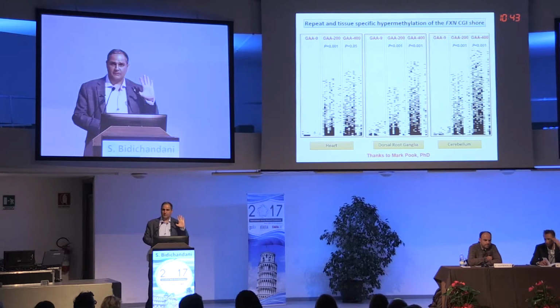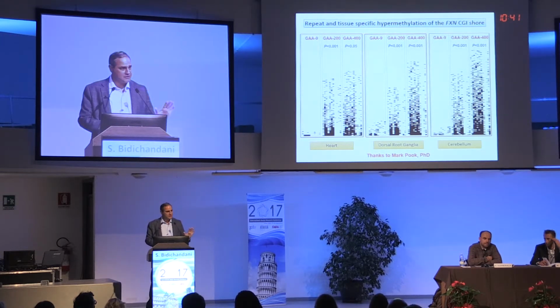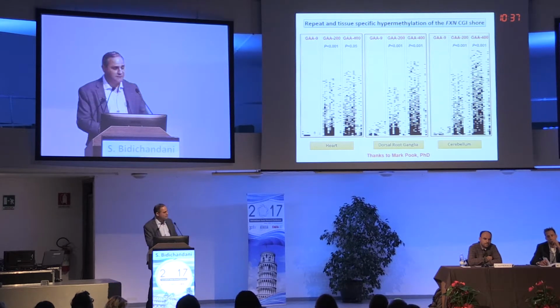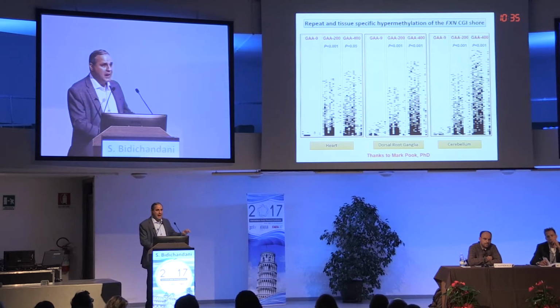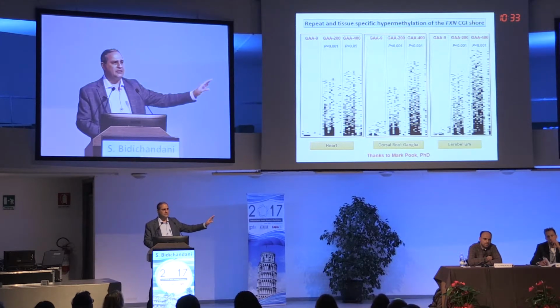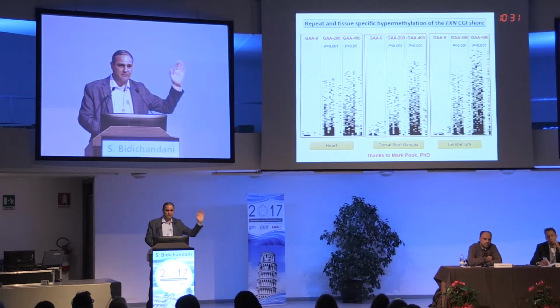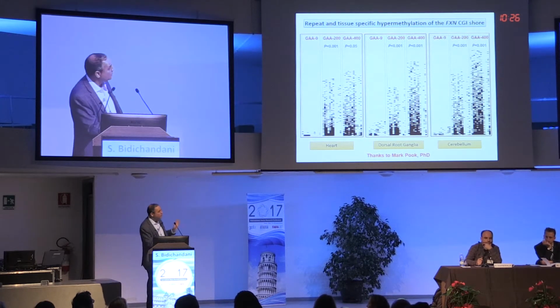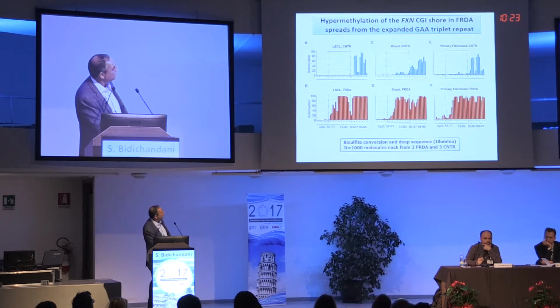So what we're saying here is there's methylation of the CpG island shore in peripheral tissues and in tissues that are relevant to the FA phenotype. And so we decided, why don't we just sequence every single CpG between the promoter, bisulfite sequence every CpG, not only in the shore, but all the way from the promoter sequence to the repeat sequence. Just to orient you, here's the repeat and here's the promoter sequence.